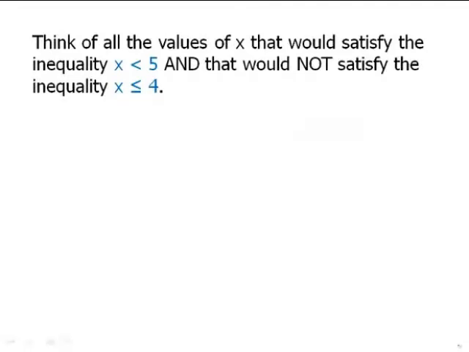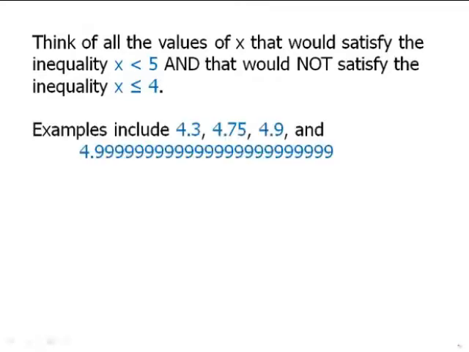Now think about this. Think of all the values that would satisfy the inequality x is less than 5 and that would not satisfy the inequality x is less than or equal to 4. Now, of course, there are no integers in that range, but there are many other numbers. So examples include all the decimals between 4 and 5.